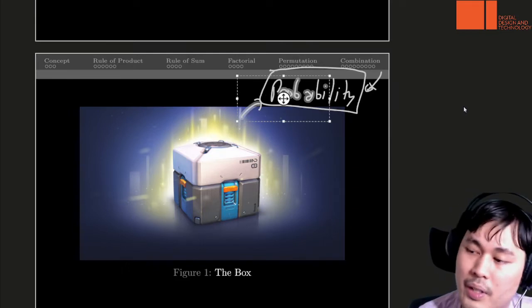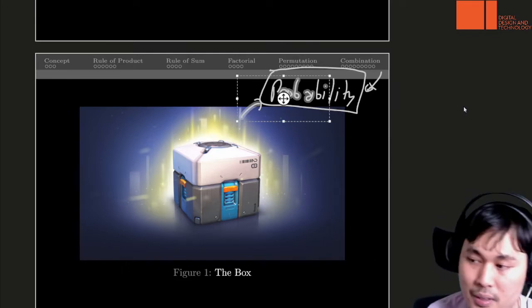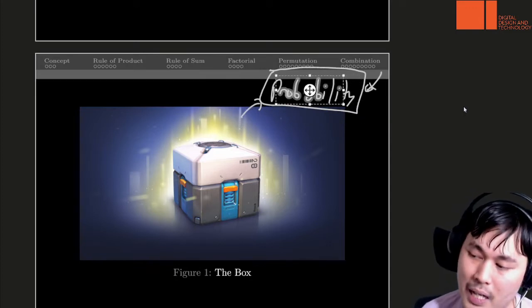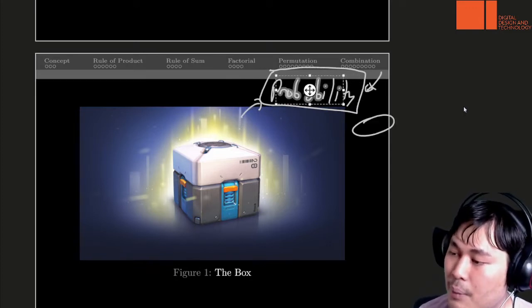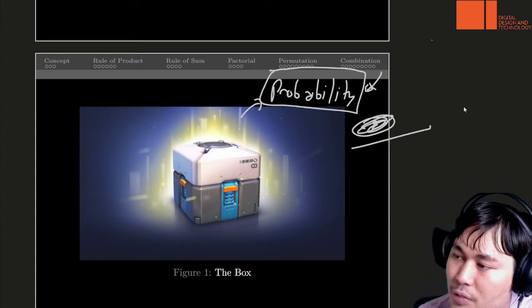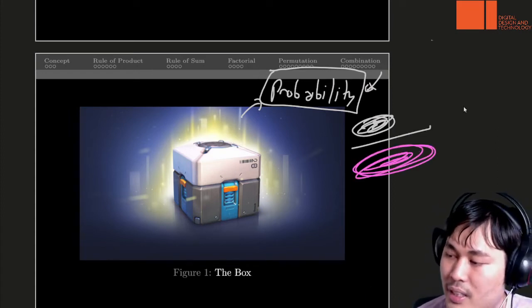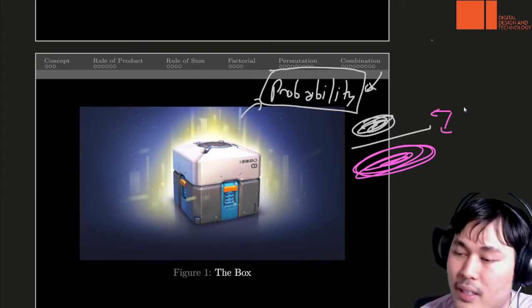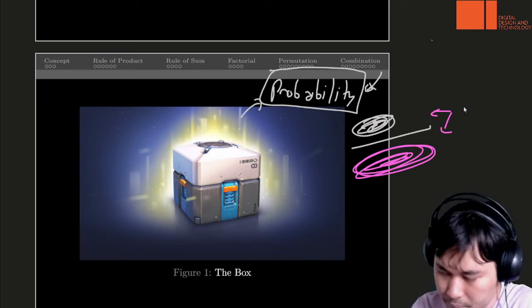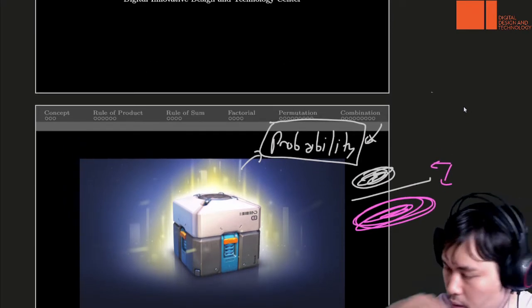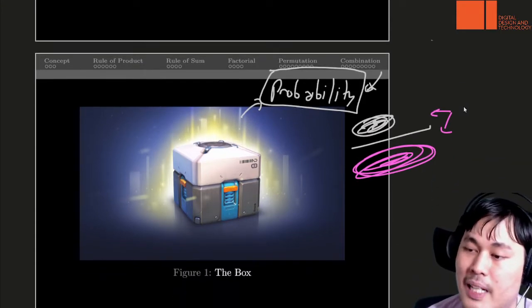Because to know the chance, the likelihood of some event to happen, you need to know how to count: how many ways we can get this event over the number of all the possible things, and we need techniques or formulas to compute these two numbers.